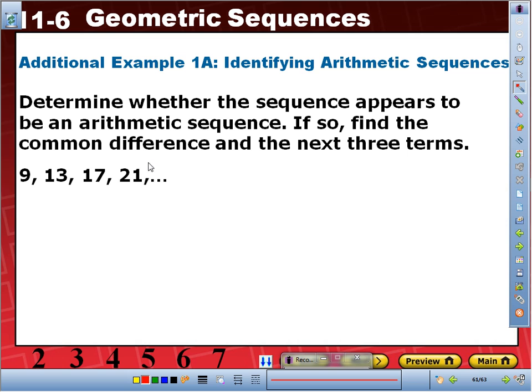If so, find the common difference and the next 3 terms. If you see the pattern, don't say it out loud. Keep it to yourself. Let people think. The sequence of numbers they give us is 9, 13, 17, 21. Copy that, please.